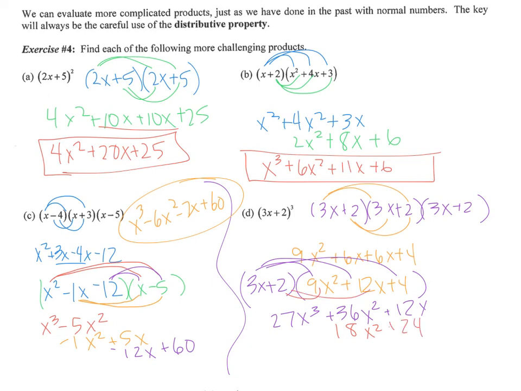And 24x and 8. Combine like terms. 27x to the third. 36 and 18 is 54 plus 36x plus 8.